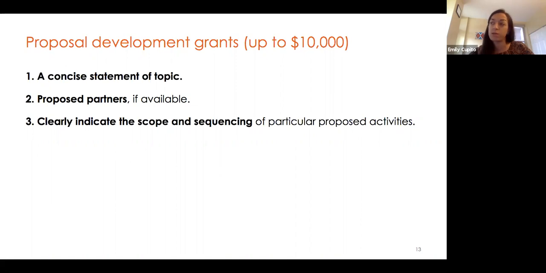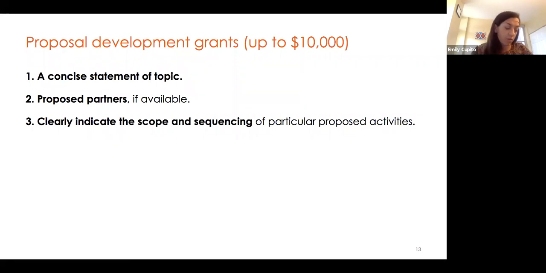So just a quick summary of the way in which DigiFI can do that. Right now we have a system where we can offer proposal development grants up to $10,000 and pilot grants up to $75,000. So first, about the proposal development grants. These grants are meant for fairly initial scoping.